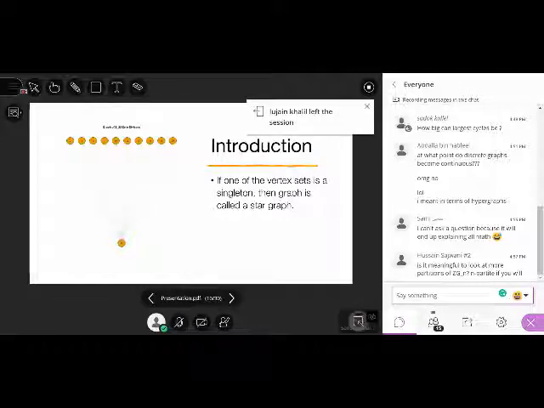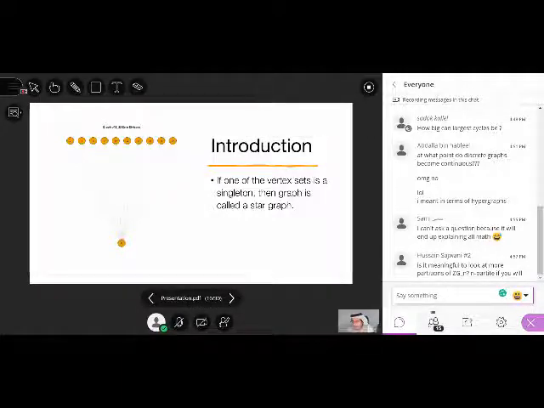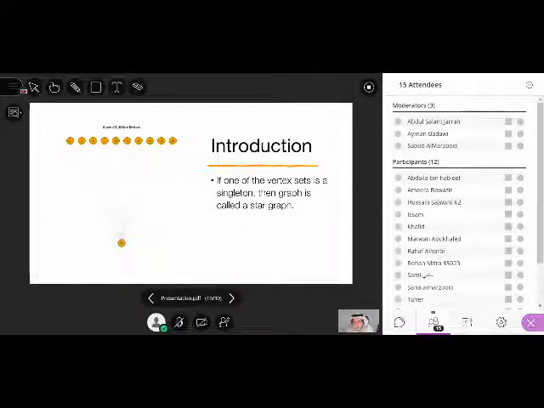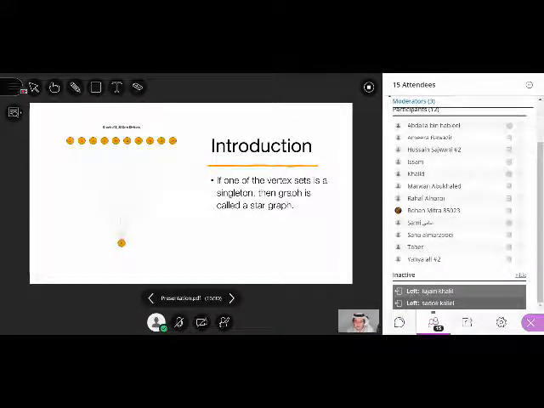Very good job. There is a question from Hussein Sajwani. Is it meaningful to look at more partitions of ZGN, and partite, if you will? That's actually one of the recommendations that I made in the paper, to look if we can have an n-partite kind of system. With my thinking, there cannot be a complete n-partite.